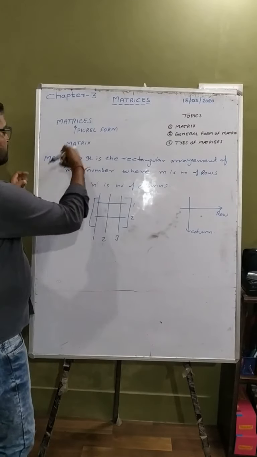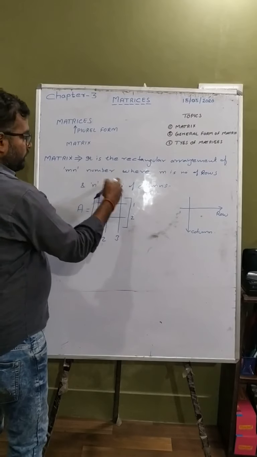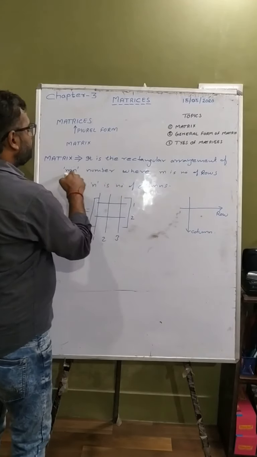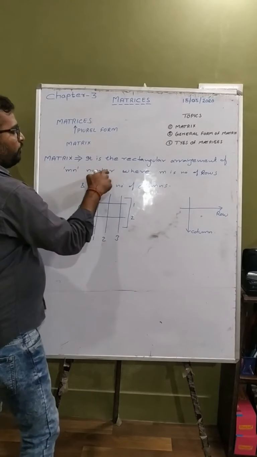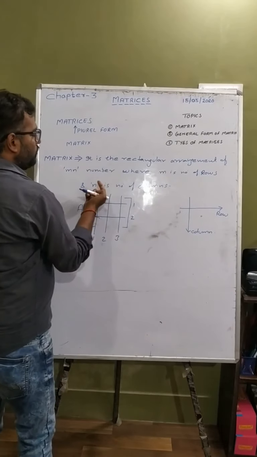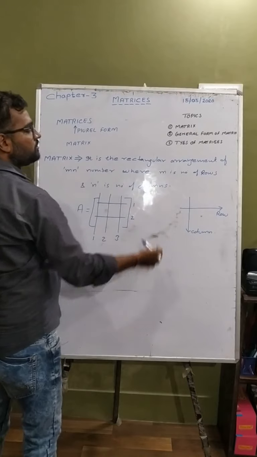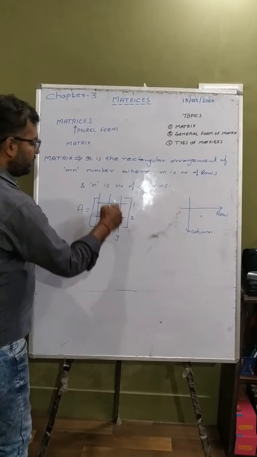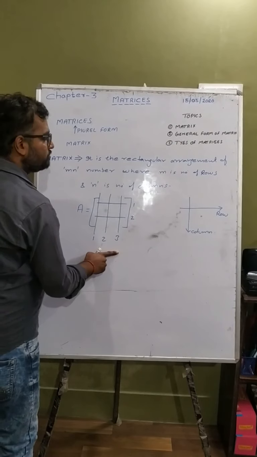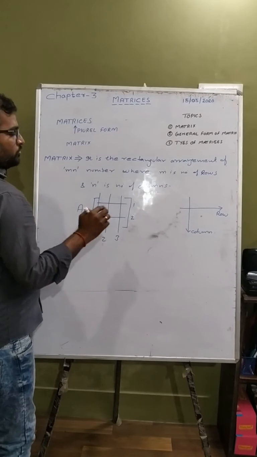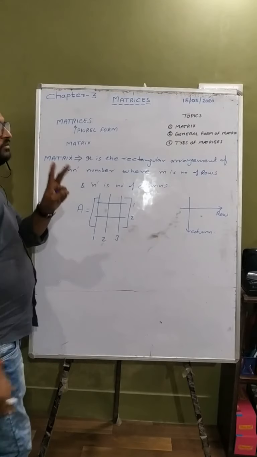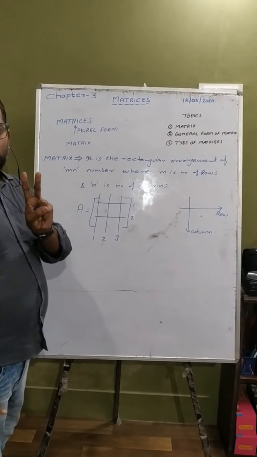So by the definition of the matrix, what does it mean? It is the rectangular arrangement of mn numbers where m represents the number of rows and n represents the number of columns. We have 2 rows and 3 columns. So two questions arise. By writing this, we can find two terms here.